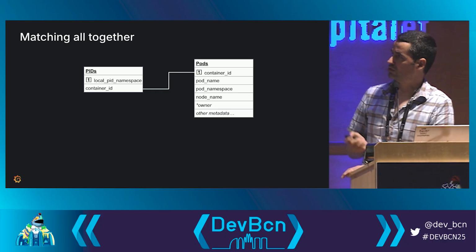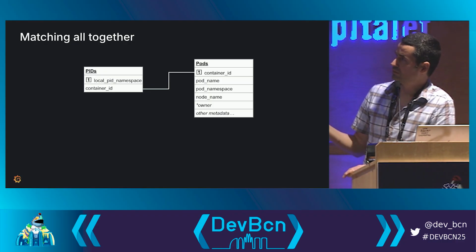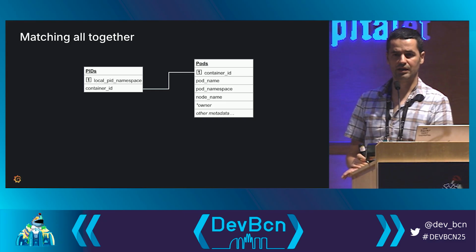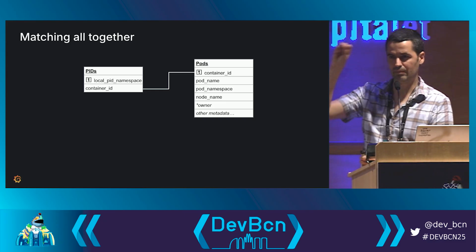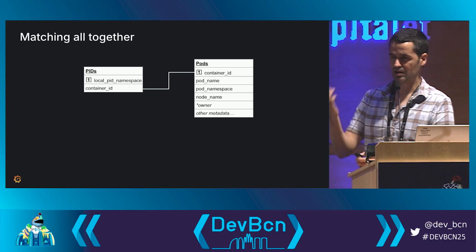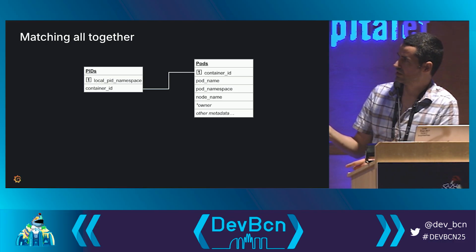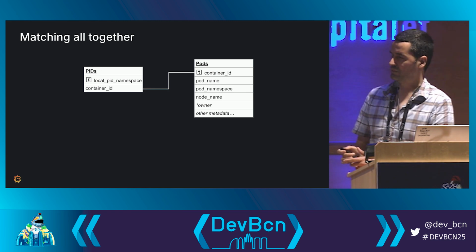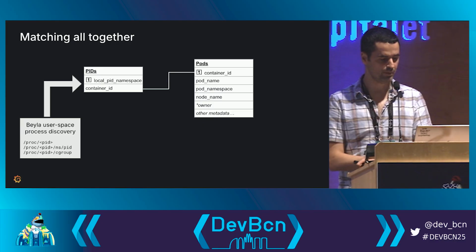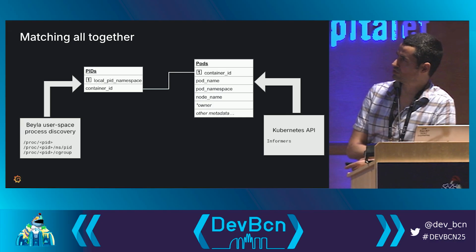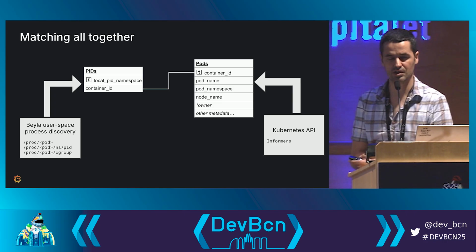We can extract the container ID, and from the Kube metadata, we are also able to get the container ID. So matching the data from different sources and building an internal database will allow us to match a PID, a running process, with the pod. This comes from the userspace process discovery, and this from the Kubernetes API.